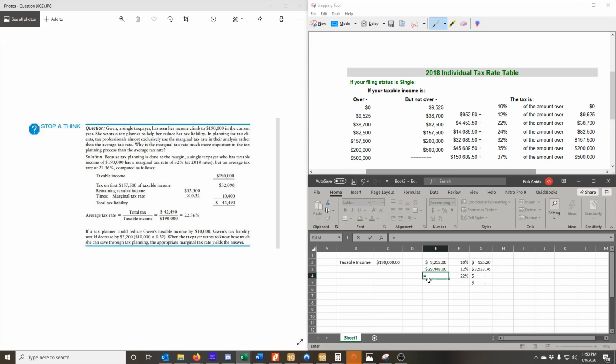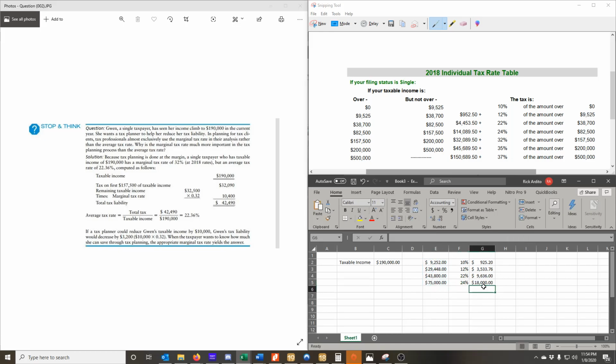So we'll go equals 82,500 minus the sum of these cells above. So she's going to pay $9,636 on that amount. Now, the next bracket is a 24% bracket. So she's going to pay 24% on the amount up to 157,500, but over 82,500. So 157,500 minus the sum of the cells above this.